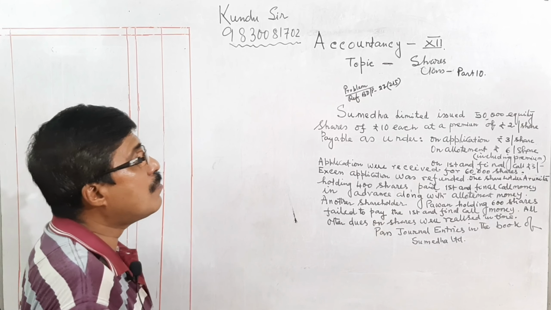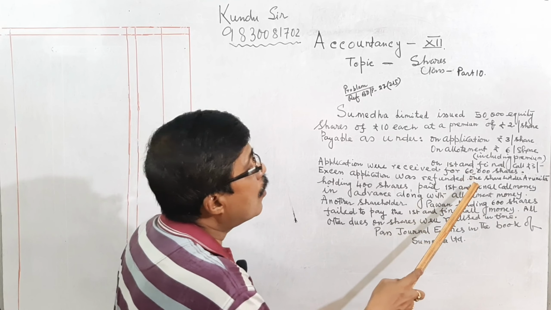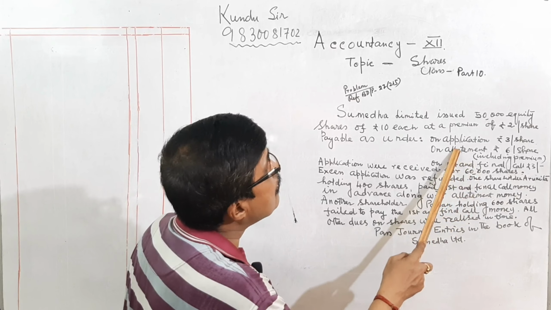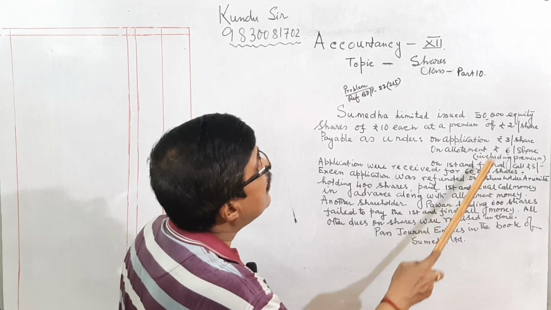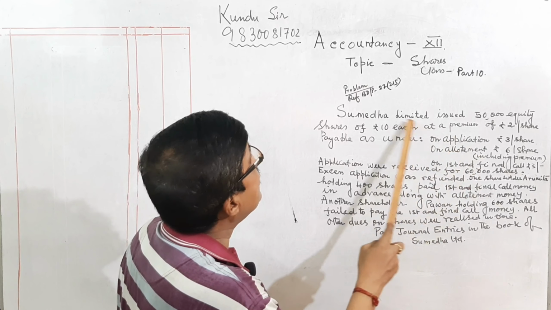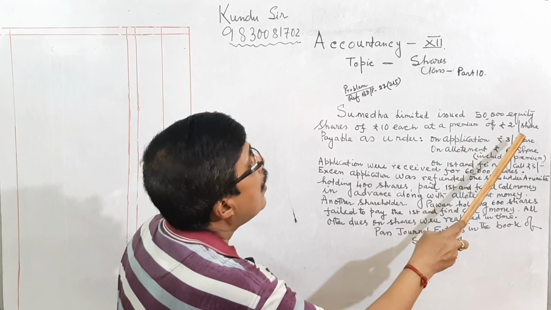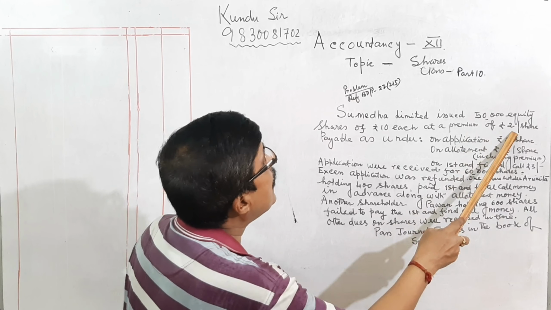Excess application money was refunded. Excess application money means the application money on 10,000 shares, that is application money of rupees 2, including premium.